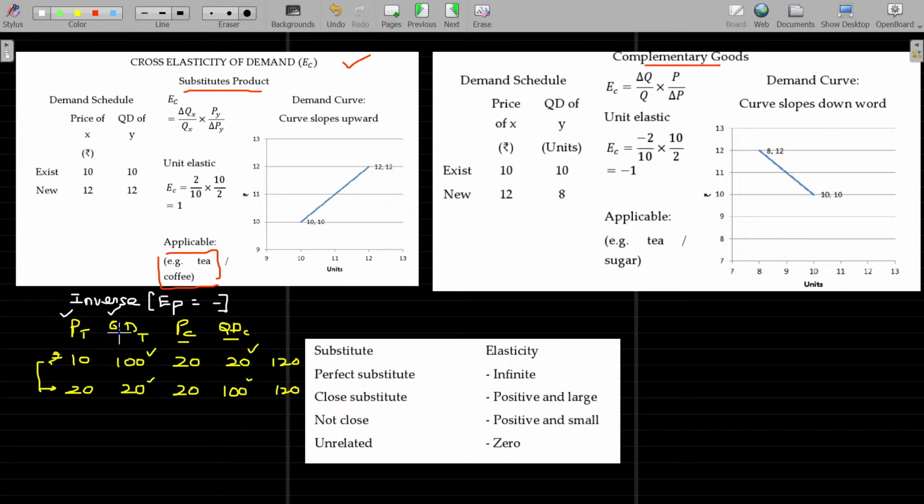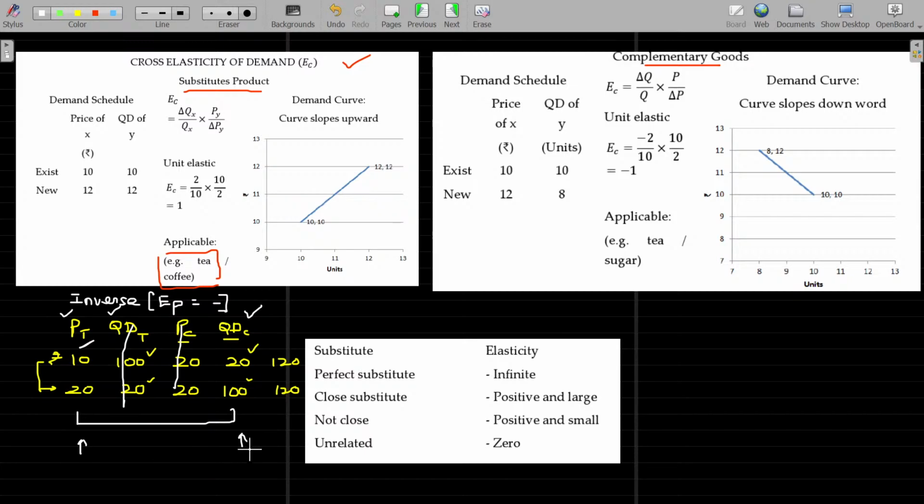But now I am going to compare the price of tea with the quantity demanded of coffee. What is the impact on the quantity demanded of coffee with respect to the change in the price of the substitute product? In this case, price increases, and the quantity demanded of the substitute product also increases. It means both have a direct relationship.